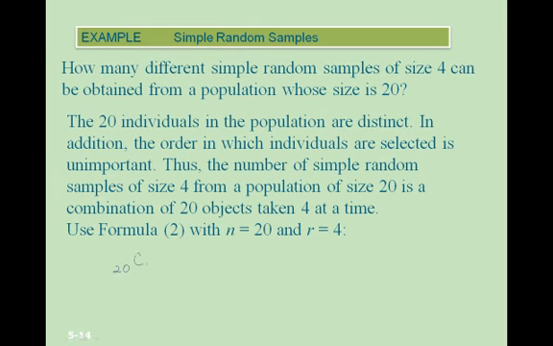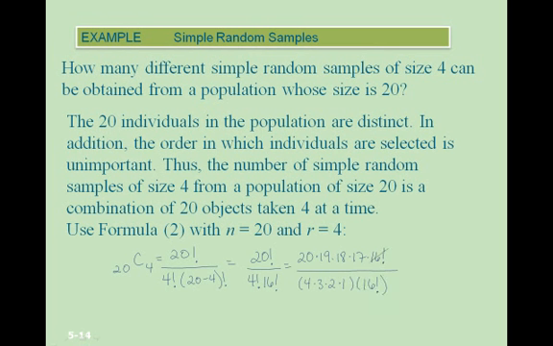So we have 20C4, which is equal to 20 factorial divided by 4 factorial multiplied by 20 minus 4 factorial. So we have 20 factorial divided by 4 factorial times 16 factorial. So we have 20 times 19 times 18 times 17 times 16 factorial divided by 4 times 3 times 2 times 1 times 16 factorial.